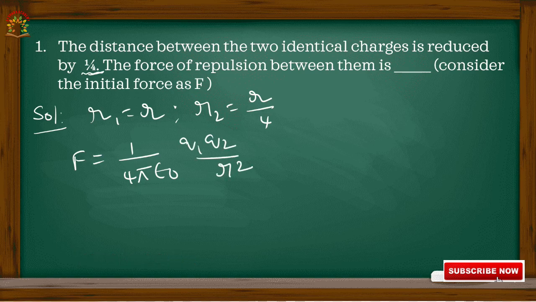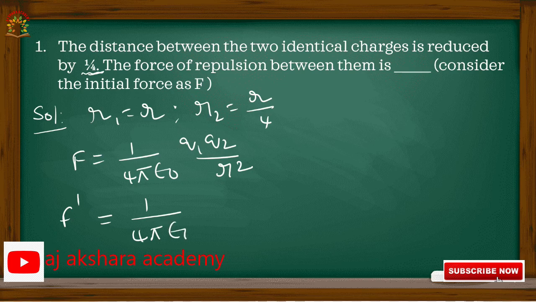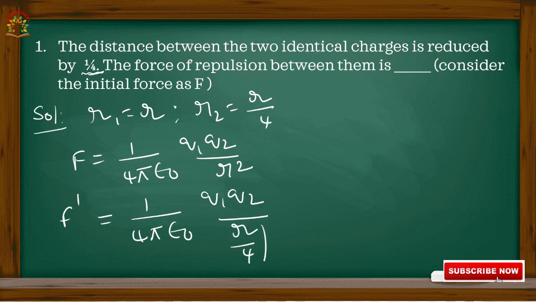So this is the initial force F. Next, F dash is equal to 1 by 4 pi epsilon naught Q1 Q2 by, in the place of R, substituting R by 4 whole square.